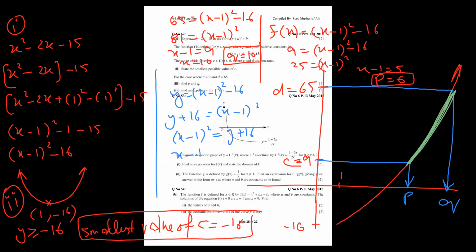Root of both sides, I got plus and minus root of y plus 16. 1 goes there, and at the same time I'm interchanging. So 1 goes there and add. So y equals 1 plus and minus root of x plus 16. And this is called f inverse. Let me check, is it f? Yes, f inverse. So f inverse is actually equal to 1 plus and minus root of x plus 16.